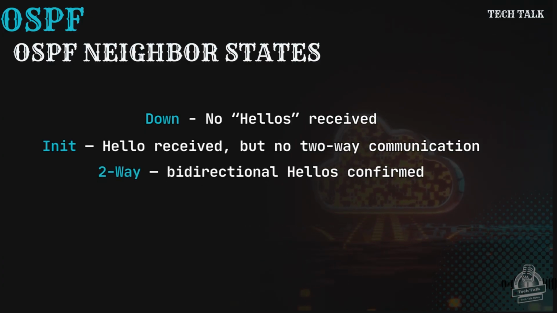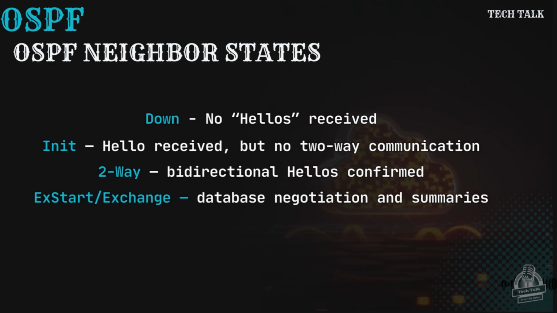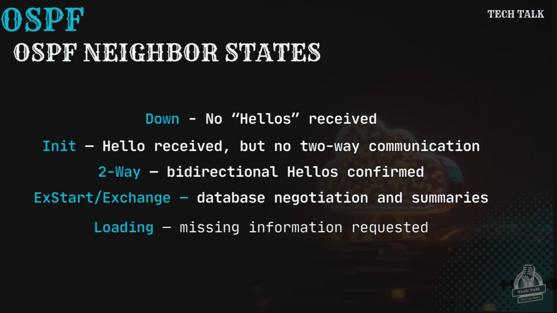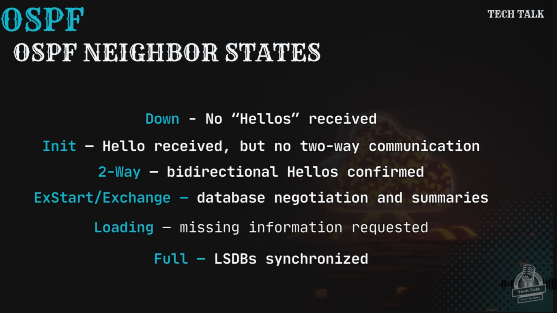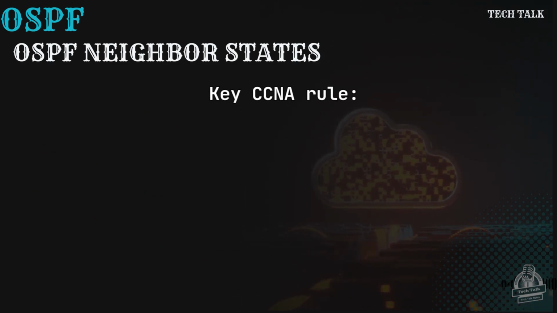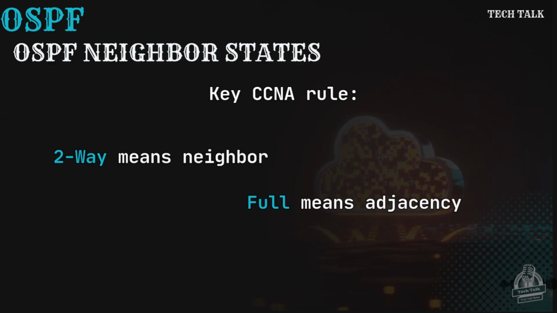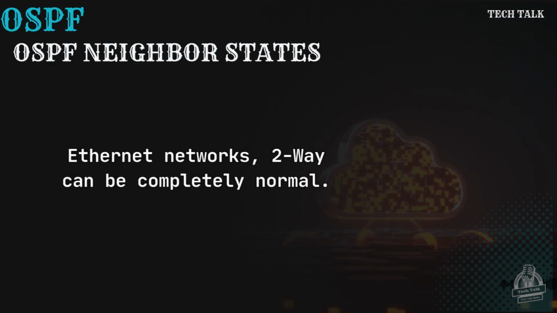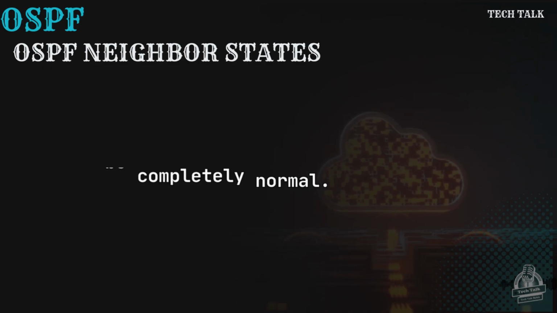Two-way, bidirectional hellos confirmed. EXSTART and exchange, database negotiation and summaries. Loading, missing information requested, and full, LSDBs synchronized. Here's a key CCNA rule. Two-way means neighbor, full means adjacency. And on Ethernet networks, two-way can be completely normal.